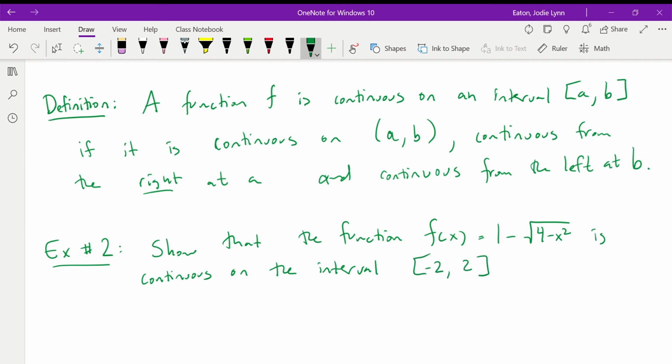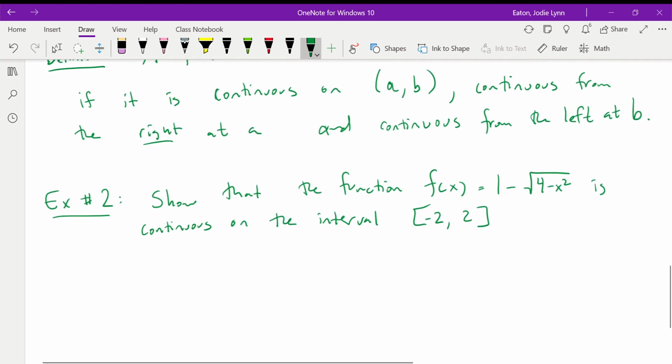And we're looking on the closed interval here. First, we're going to show that it's continuous on the open interval, so that for all points between -2 and 2, it is continuous.